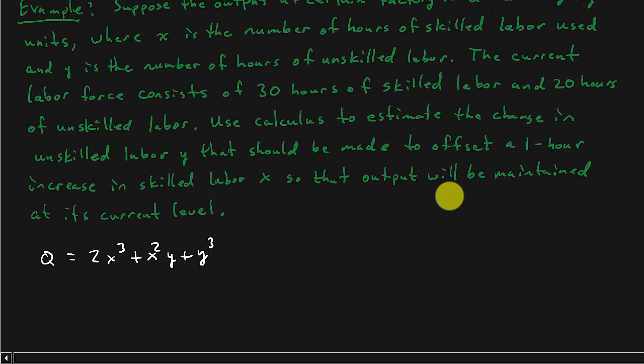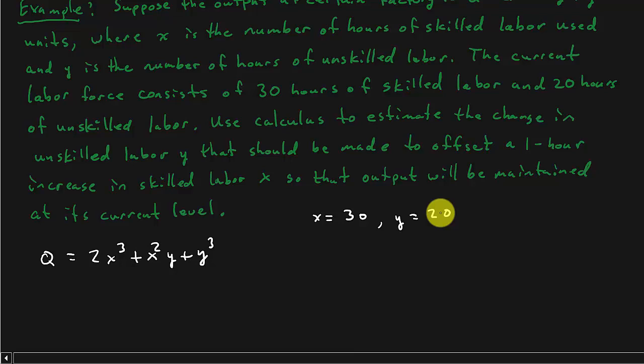Notice they tell us the current labor force consists of 30 hours of skilled labor and 20 hours of unskilled. Use calculus to estimate the change in unskilled labor, Y. So right there, they're telling us that Y represents the unskilled labor. That means X represents the skilled labor force. So X is 30, Y is 20.